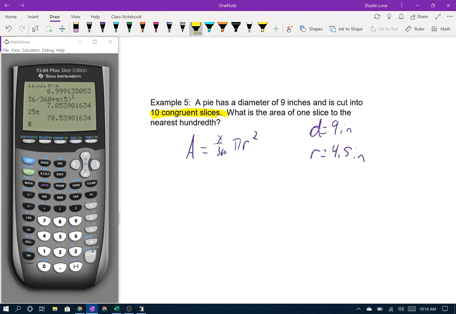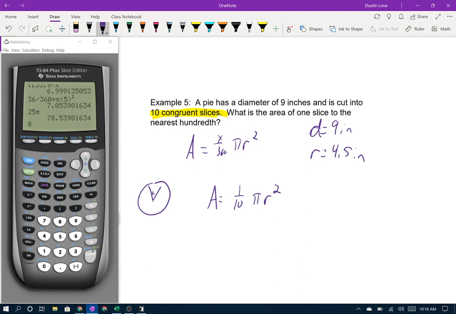Now, one approach would be to draw our circle and then figure out what our x value is, and plug that in. Or we could understand that, since this is a percentage, all we're doing is saying it's 1 out of 10 times pi times r squared.